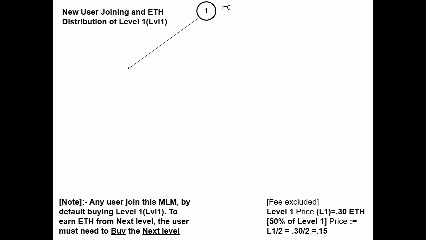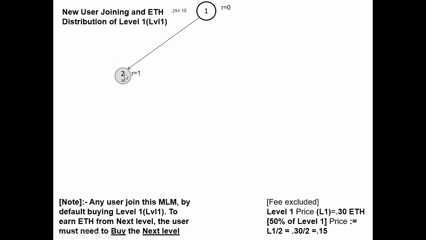What will happen? If he adds a new person, the new user ID will be 2, and user 1 added this user 2, which means R equals 1, so he is the referral. This user 2 has already paid 0.30 Ethereum. Once he pays this Ethereum, where does this money go?